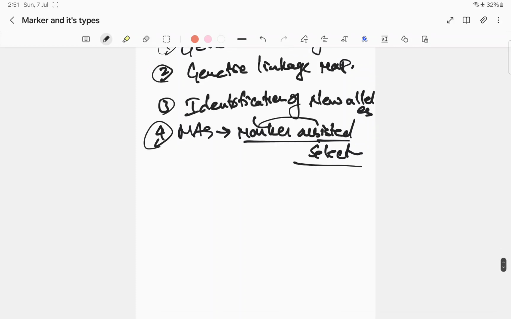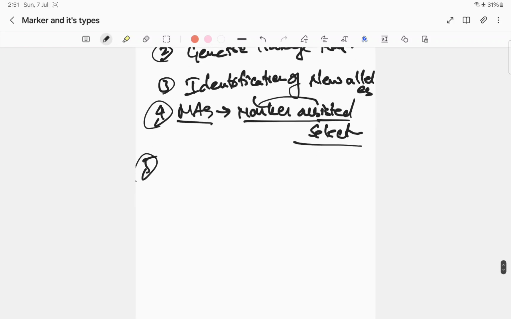This is said to be marker assisted selection. We can have one detailed lecture on this. Again, molecular markers are useful in crop evaluation. How it has evolved and everything, we can study using these molecular markers. Thank you.